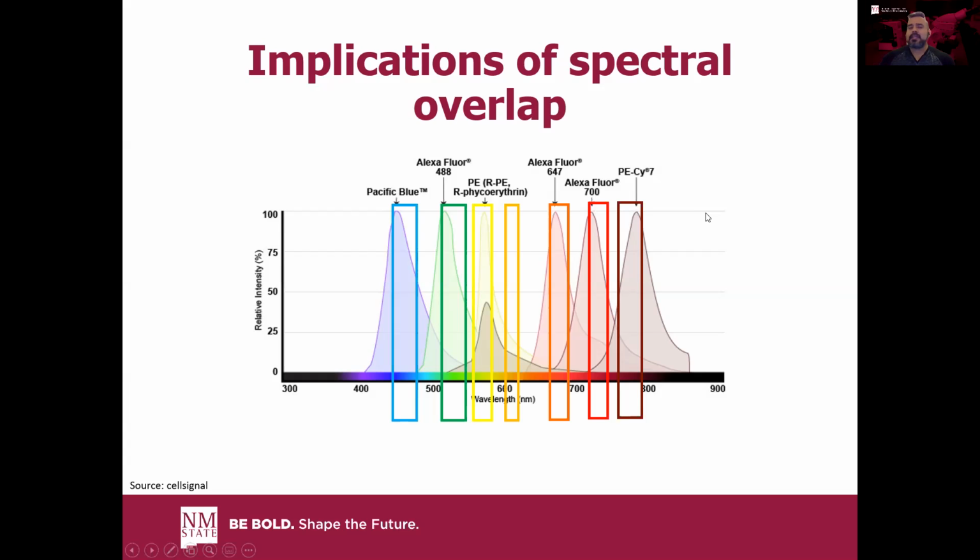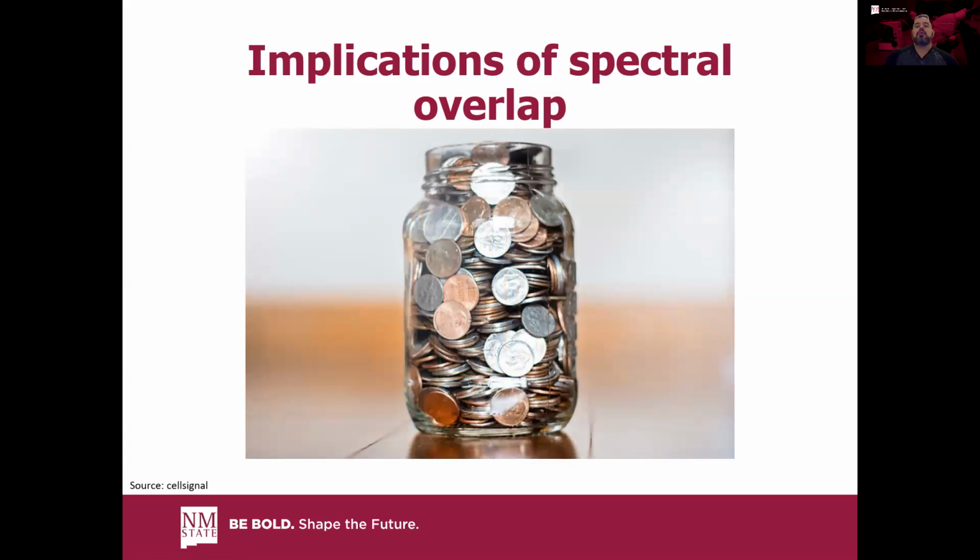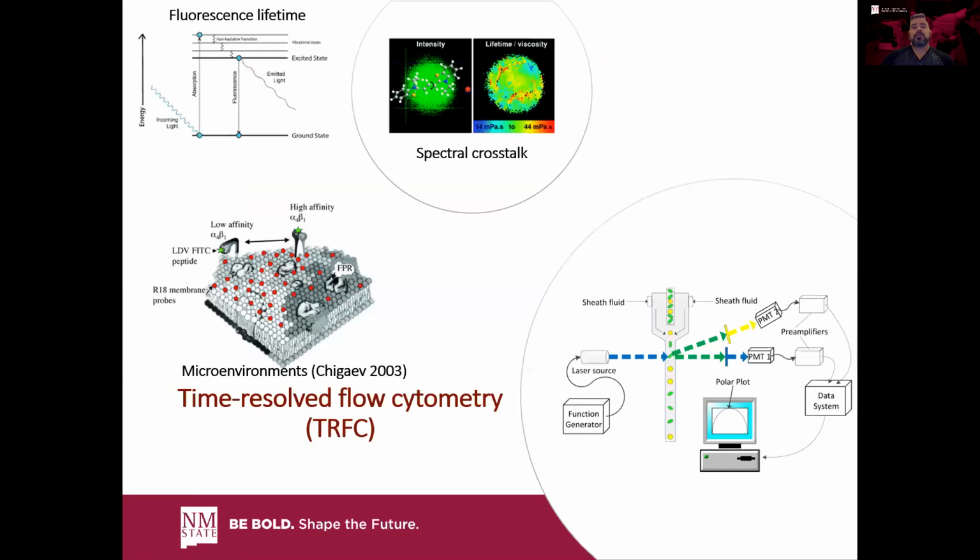One way that cytometrists alleviate these issues is through color compensation, which is basically a set of complicated math equations to mainly only see the emission profile of Fluor 488. So think of it as a coin jar where you just want to extract the quarters. If you want just the quarters in that jar, you're going to have to take out all the pennies, the dimes, and the nickels in order to just have quarters in that jar.